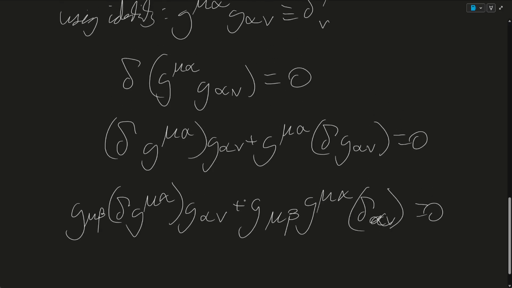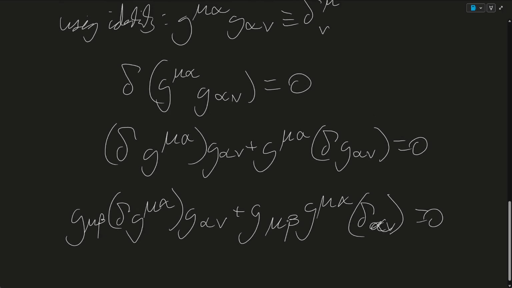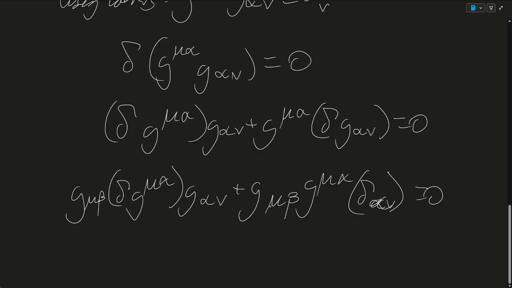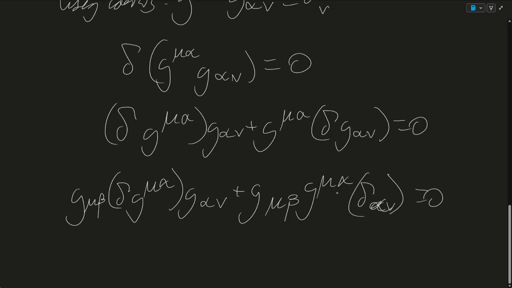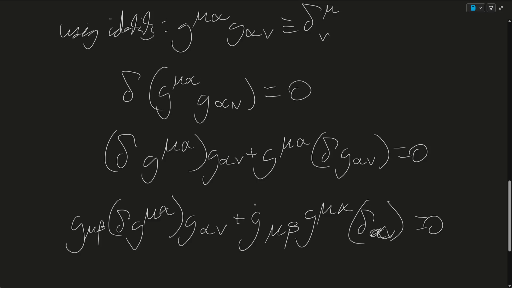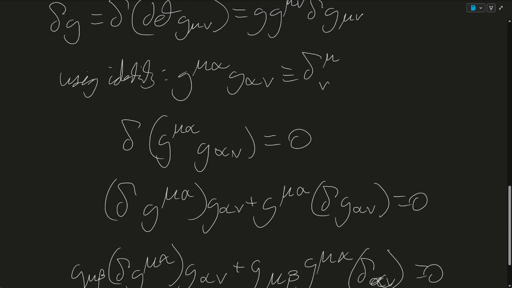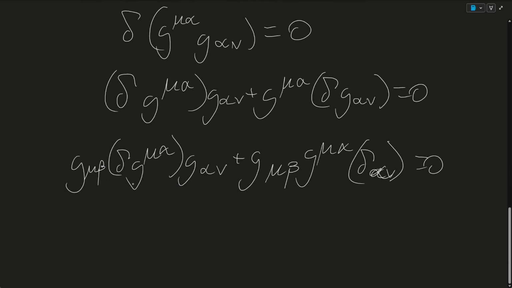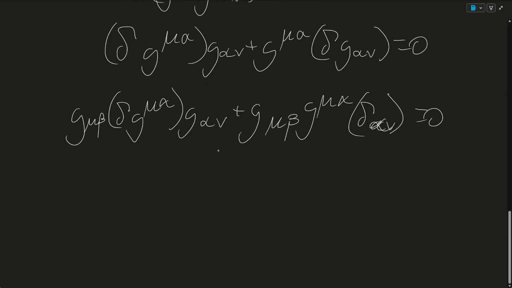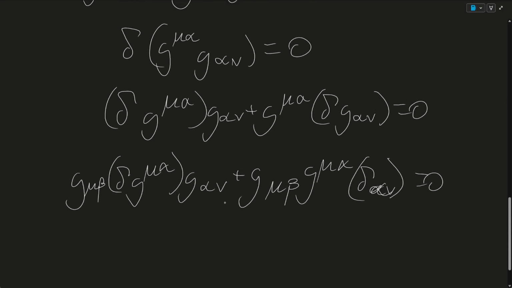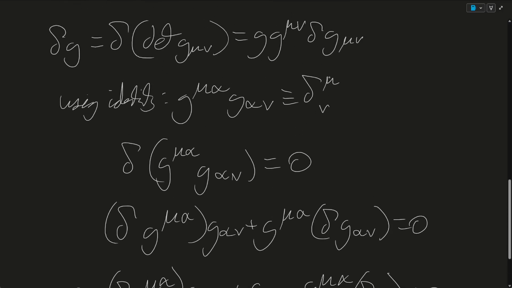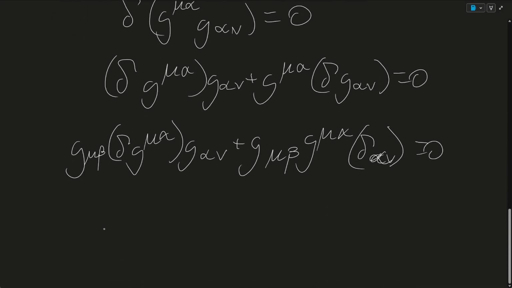Now we can see from our identity above, by swapping these two indices, we get g beta mu g mu alpha, which is our identity from up there. Again, it can be applied, and hence that's just delta sub beta to the alpha.